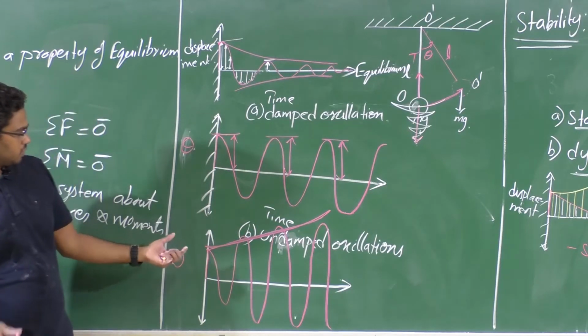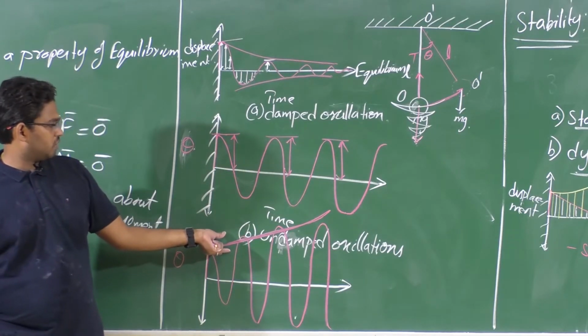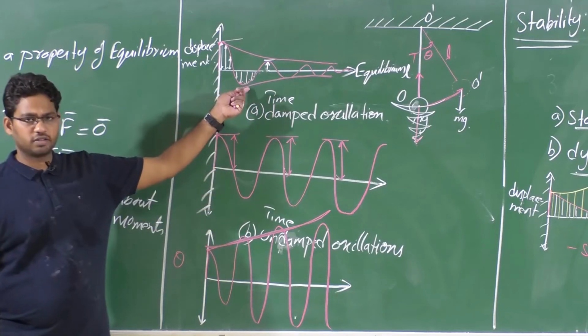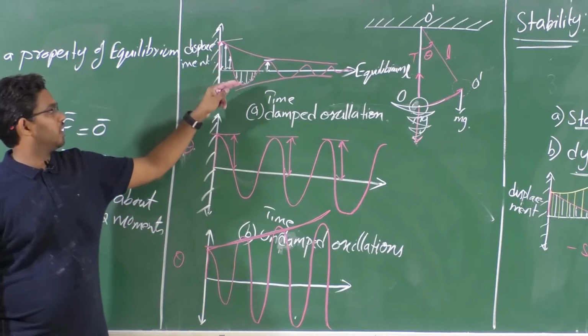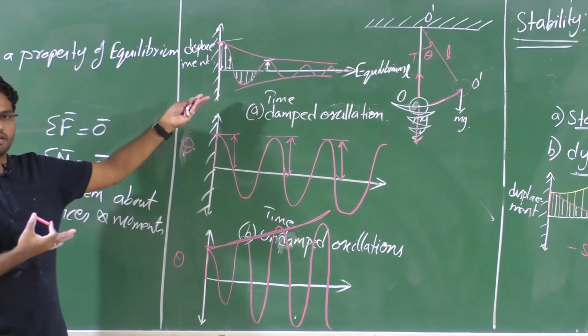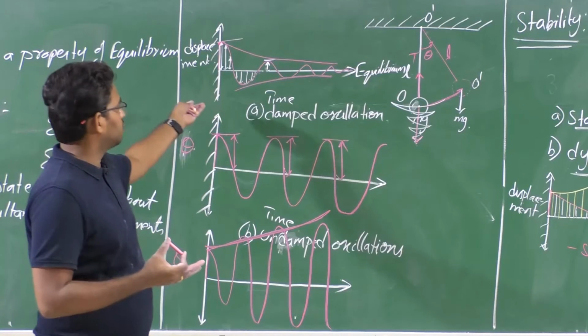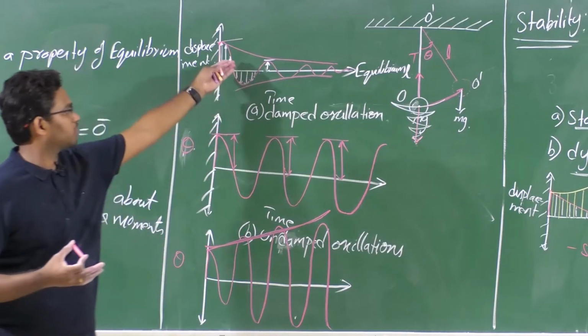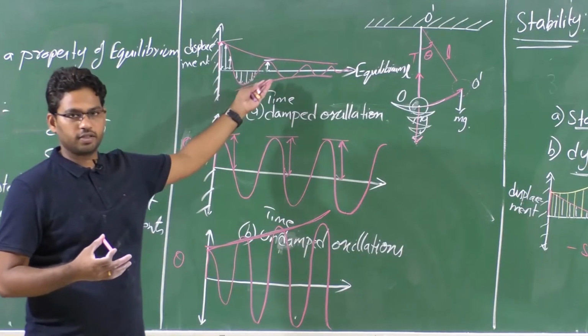Can you see this? This is like e power t, this is e power minus t, isn't it? And superimposed by harmonic motion. So the solution can be e power t times, or e power minus t times, cos of omega t or sin of omega t.